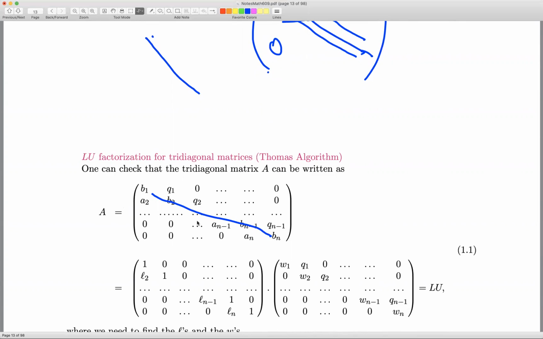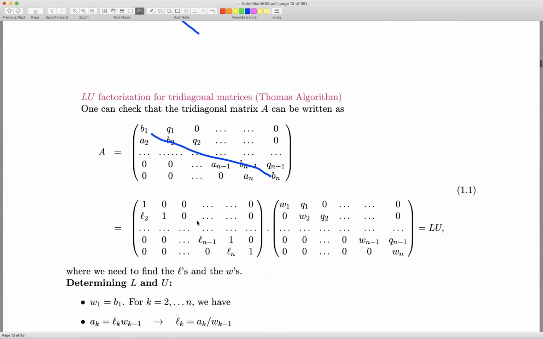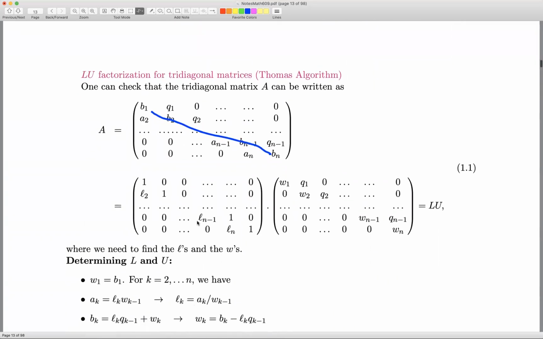So the LU factorization of such a matrix has a particular name, and it is called the Thomas algorithm. And it is much less costly than the general LU factorization.